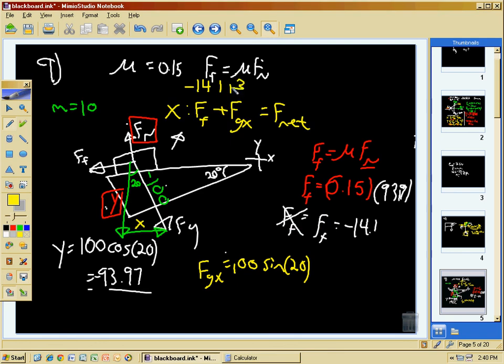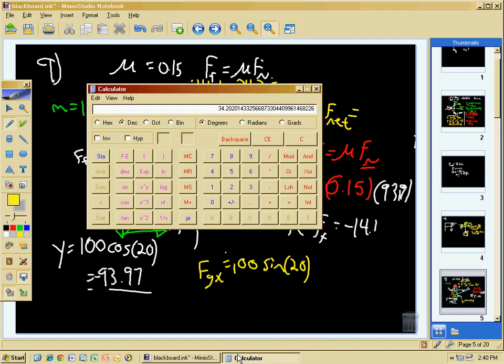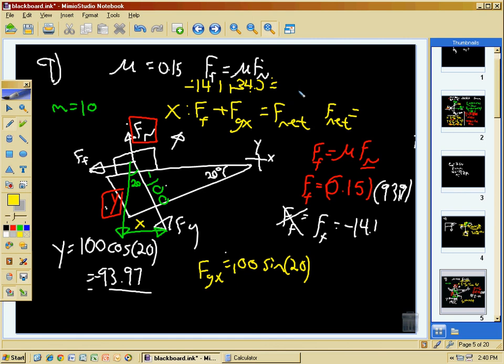So this is 34.2, and what this is telling us is our net force equals negative 14.1 plus 34.2, which, just to make sure we get the right answer, is 20.1 newtons.